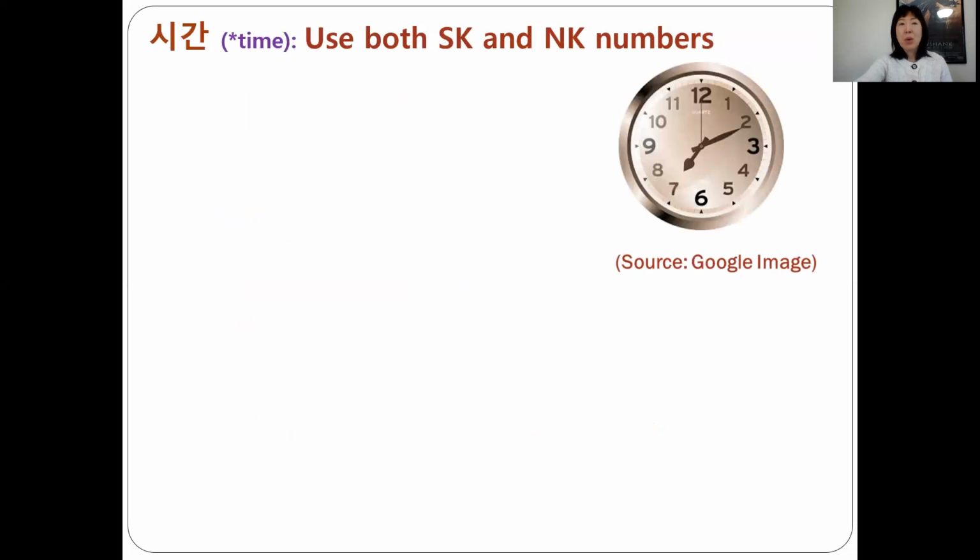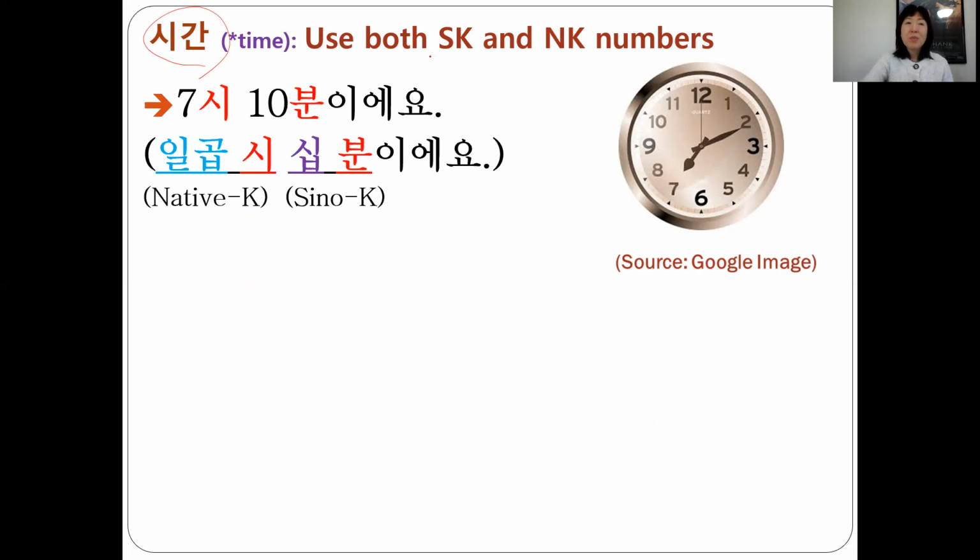And one more example. In case of time, 시간, we use both numbers. How? 7시 10분이에요. This is 7시 10분. As you see, 7 is a native Korean number and 10 is a Sino-Korean number.